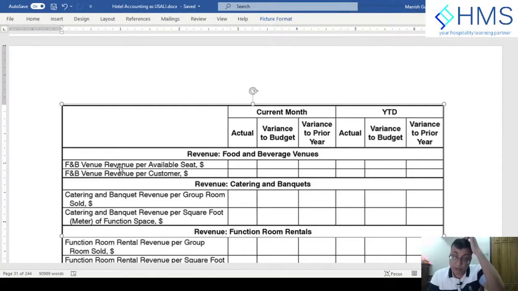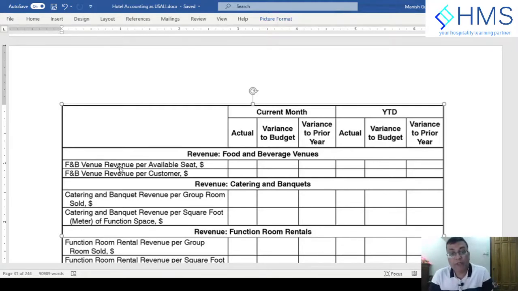In one hotel where I used to work, we used to turn the banquet facilities 3 times a day, one for the morning weddings, one for the afternoon weddings, and one for the dinners. So then our revenue per square feet was very high compared to our competitors, which were able to serve only one function or 2 functions a day.